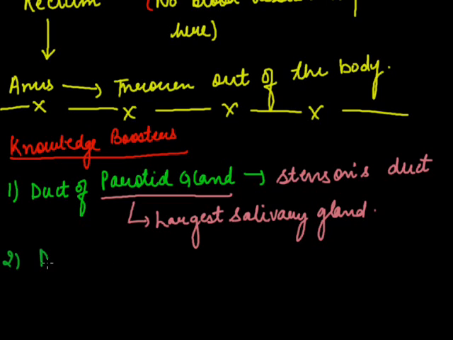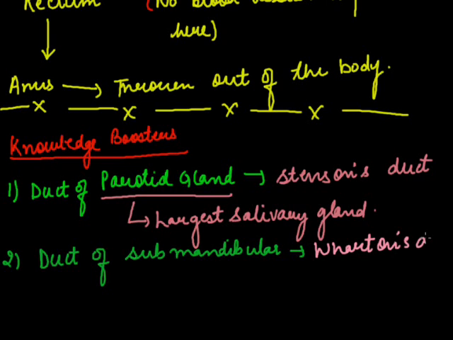Then the duct of the submandibular gland is called Wharton's duct, and this submandibular gland produces the maximum amount of saliva.